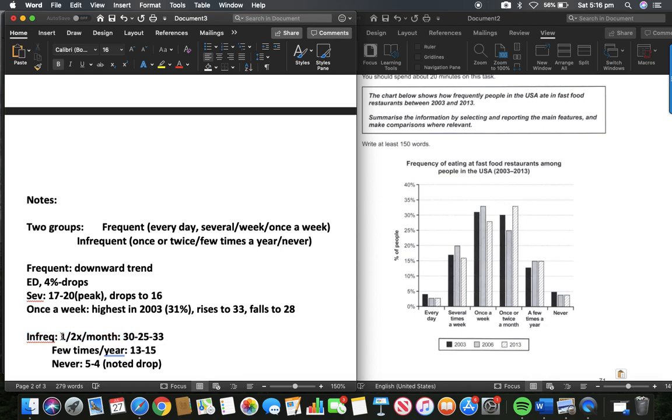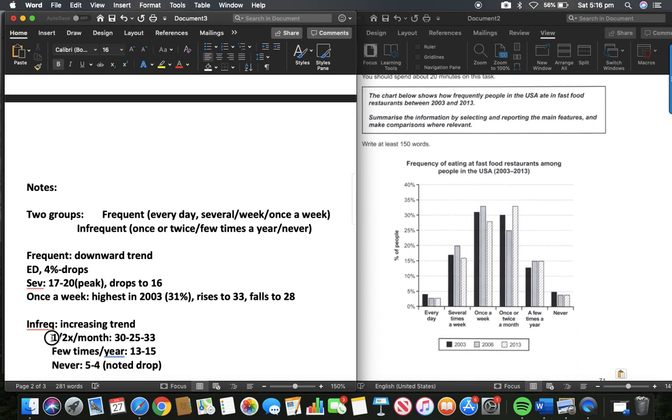Infrequent eaters, increasing trend. All right, so those who ate once or twice a month, that one increased by the end. A few times a year, that increased, and this one dropped. All right, so the never consume fast food, that one dropped, but not a lot. But I've noted the drop.